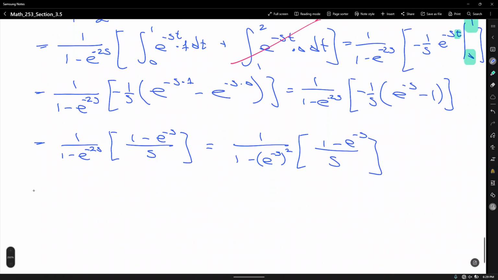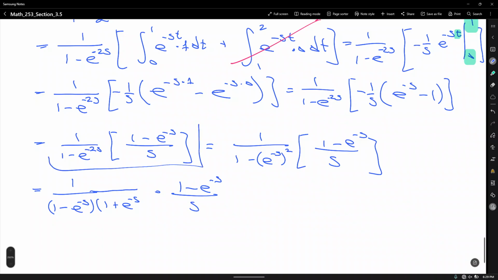That is 1 over 1 minus e to the negative s times 1 plus e to the negative s, times 1 minus e to the negative s over s. So guys, essentially we're done here, all right?